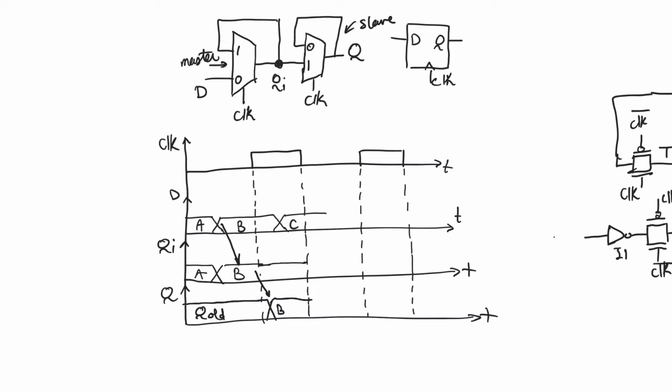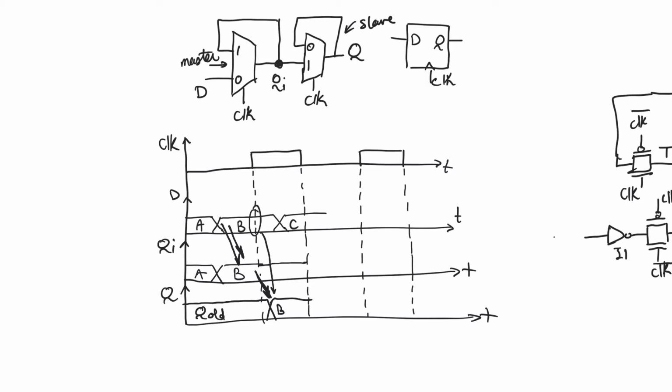For D to reach Q, D has to move into QI first, and then QI has to move into Q. But D can move to QI only during the 0 phase of the clock, and then QI can move to Q only during the 1 phase of the clock. Therefore, we need a 0 phase of the clock followed by a 1 phase of the clock for D to appear on Q. A 0 phase followed by a 1 phase means a positive edge. So we see the value of D moving to Q on the positive edge.